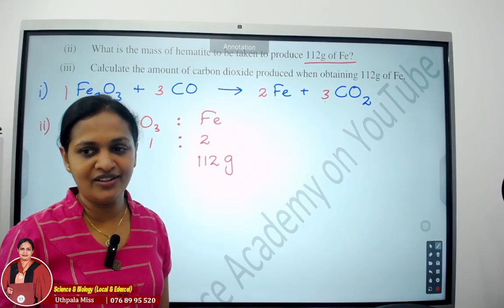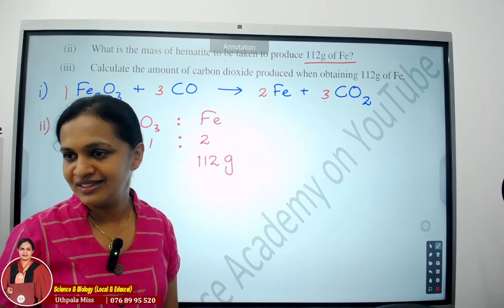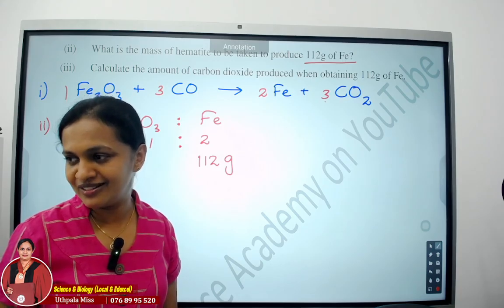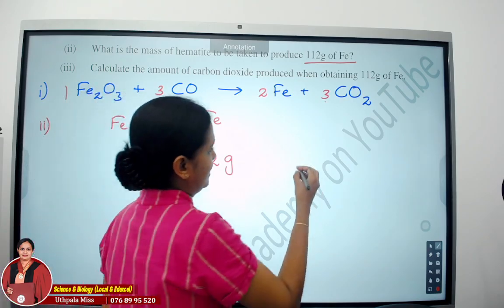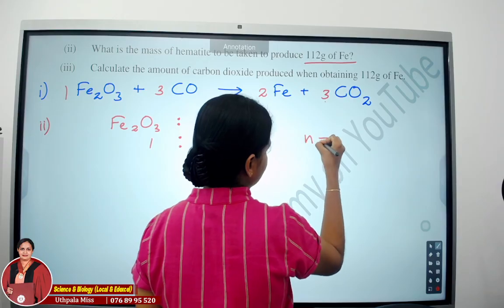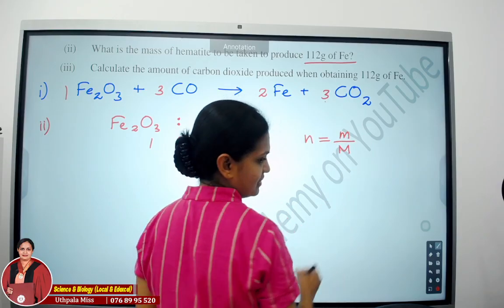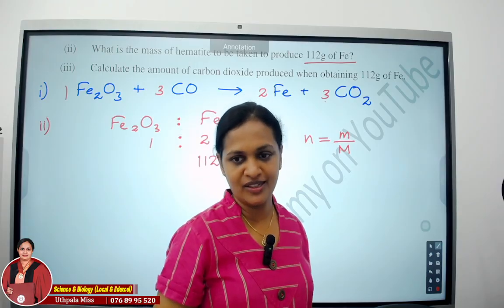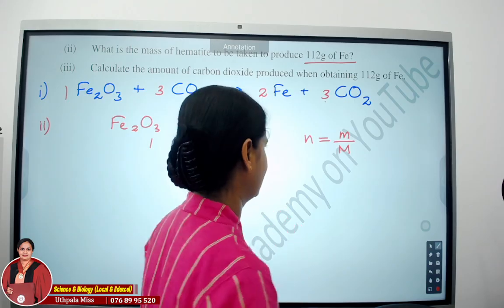How can we convert the mass into the number of moles? Unit 7 comes to help. How do we find it? The number of moles equals mass divided by the molar mass, that you have done in the 7th unit.